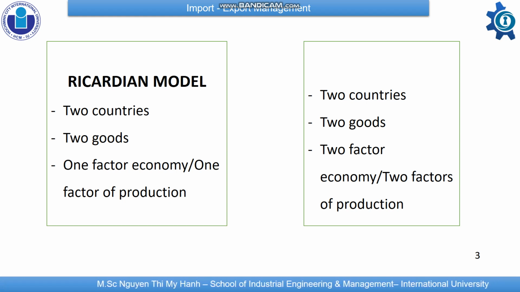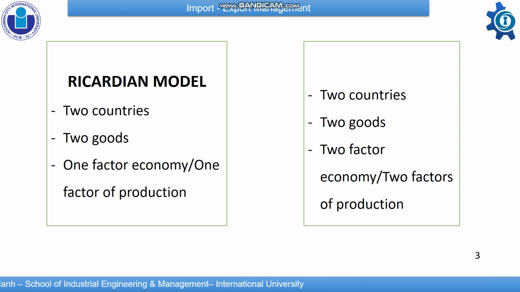Canada exports forest products to the US, not because its lumberjacks are more productive relative to the US, but because Canada has more forested land per capita than the US.